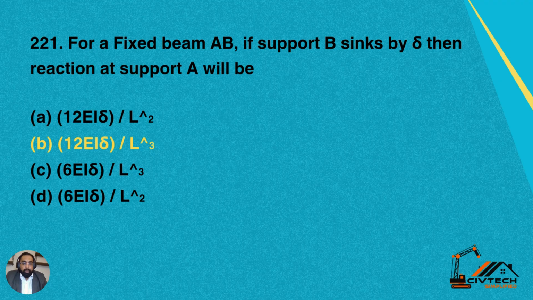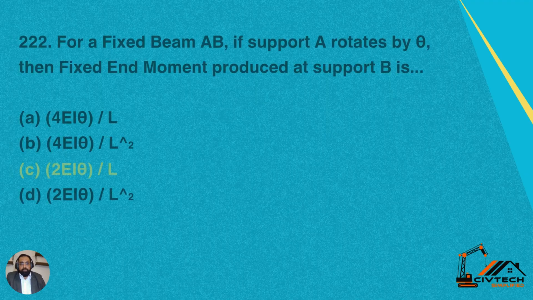So B is the correct answer, which is 12 EI lambda over L cube. For a fixed beam AB, if support B sinks by lambda, then reaction at support A will be 12 EI lambda over L cube.